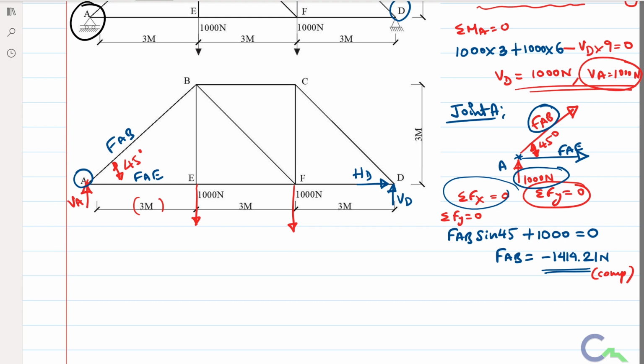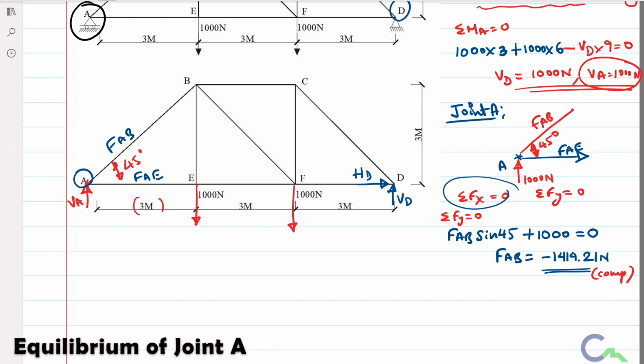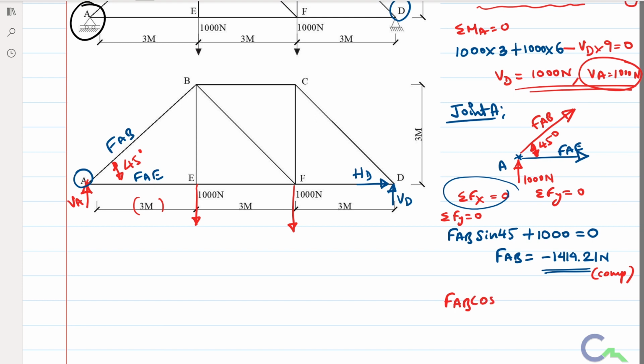The next equilibrium condition, that is summation of horizontal forces is equal to 0. If I resolve the force in horizontal direction, there is no horizontal component for 1000 Newton. If I resolve this FAB, it is going to act in positive direction, that is FAB cos 45. FAE acting exactly in horizontal direction. I considered both the forces FAB and FAE.